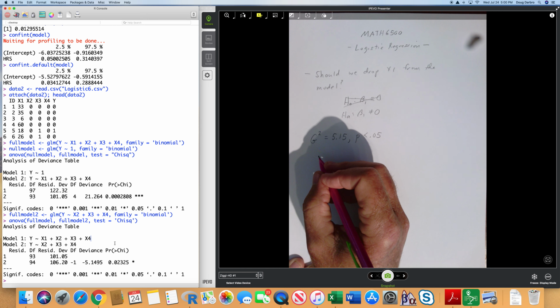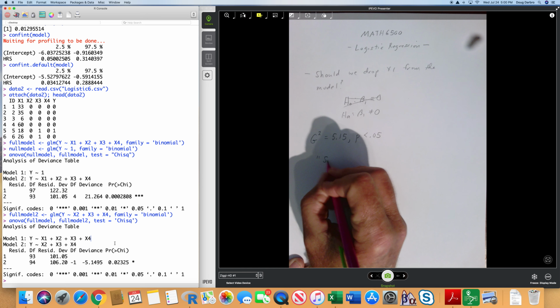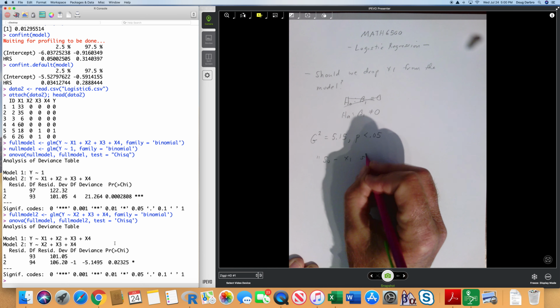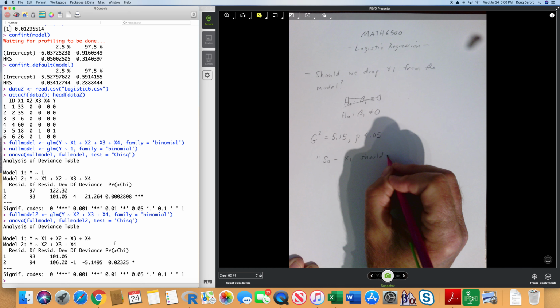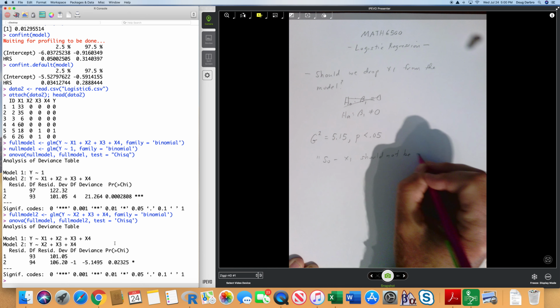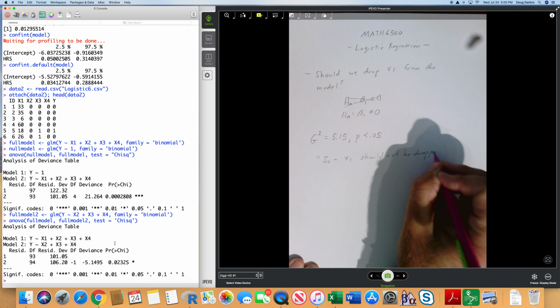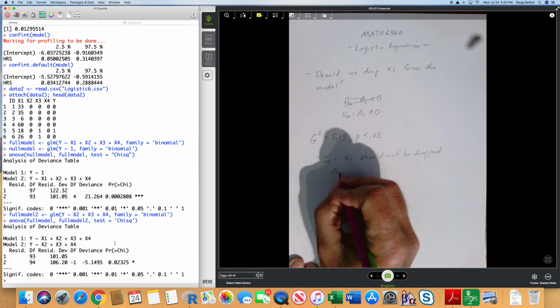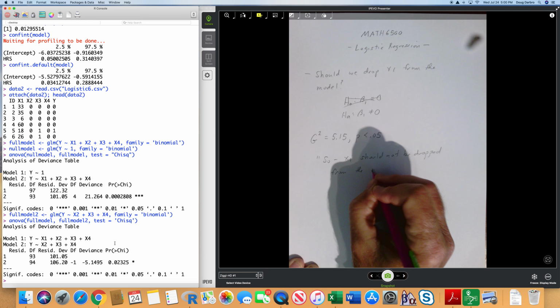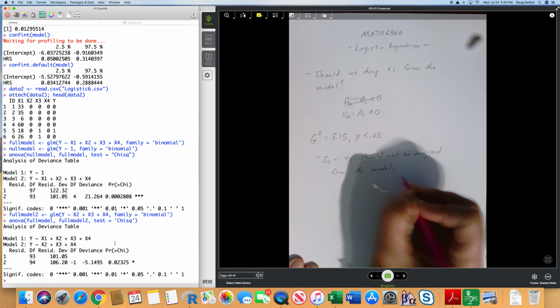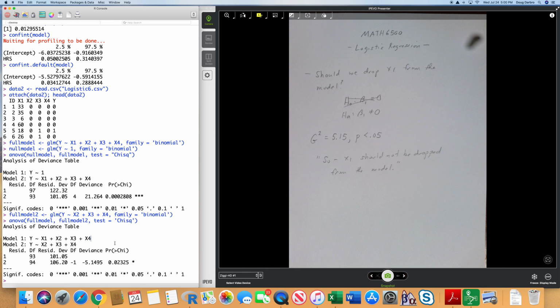So our conclusion is that x1 should not be dropped from the model.